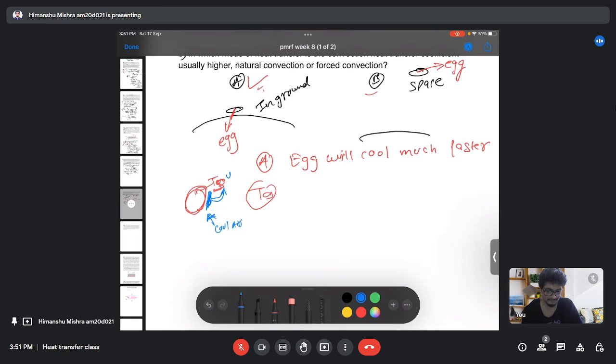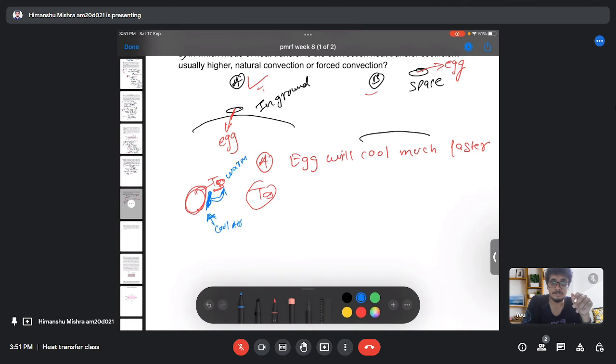This cool air will become warm, and this process will continue. And this is what free convection heat transfer is. This free convection heat transfer occurs due to the buoyancy, and gravity plays a very important role in this buoyancy term.